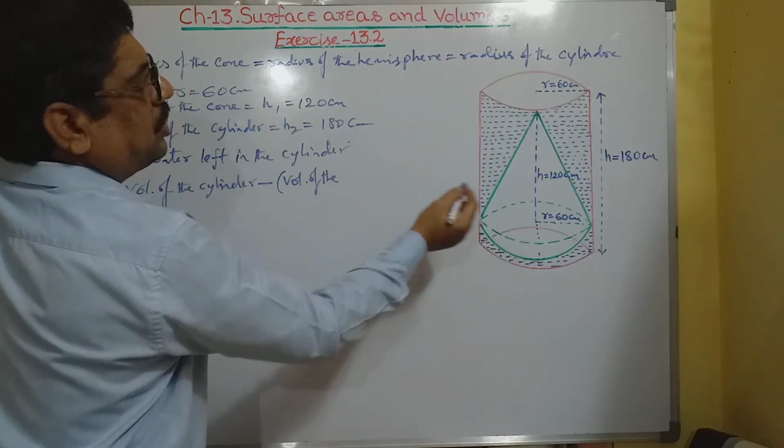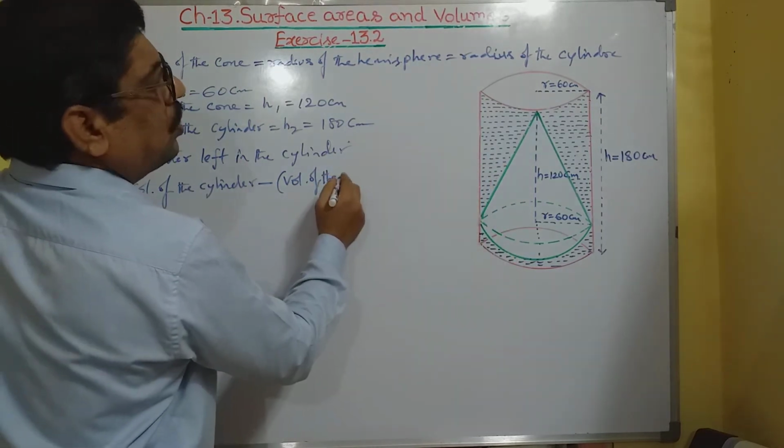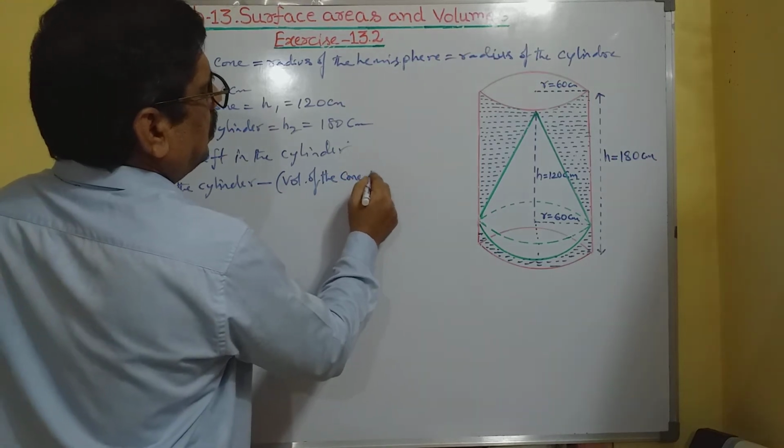The solid is the combination of a cone and a hemisphere.